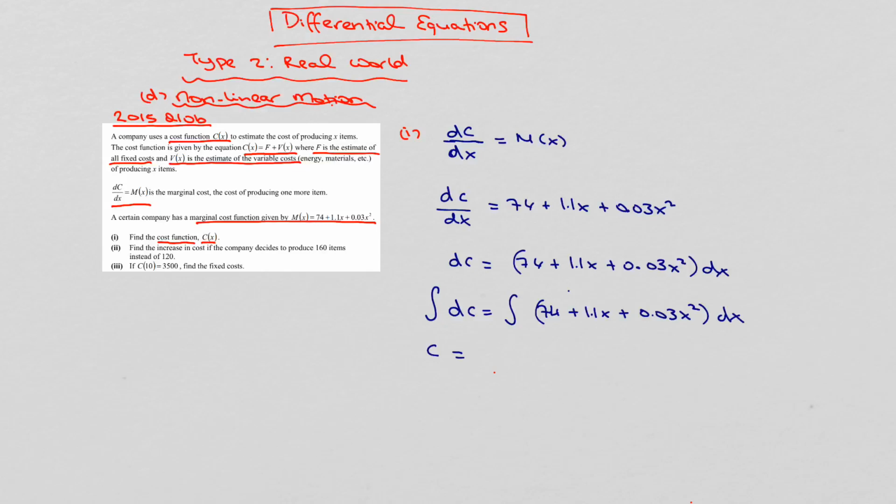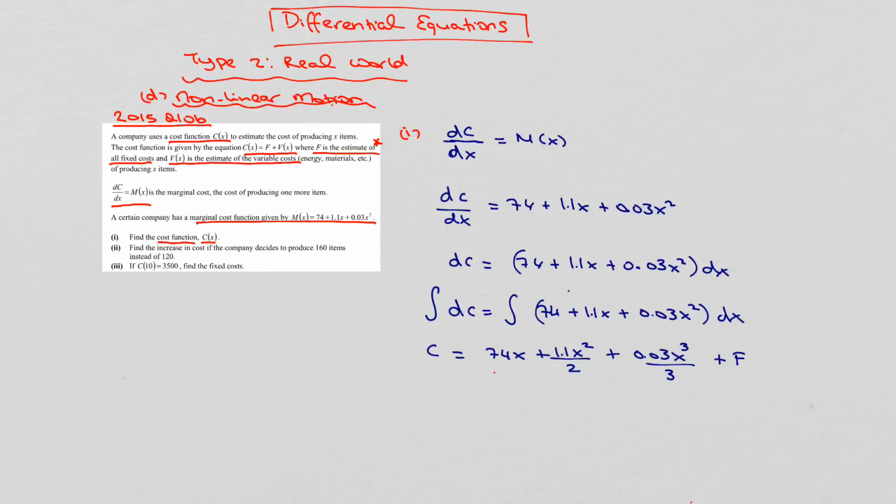And if I integrate the right-hand side, well, I'm going to get 74x plus 1.1, add 1 to the power, divide by the new power, add 1 to the power and divide by the new power. Plus, I'm going to get my constant of integration, which of course we can see is F up here. F is the estimate of all the fixed costs. So the fixed cost is my constant. So that's going to be plus F, okay?